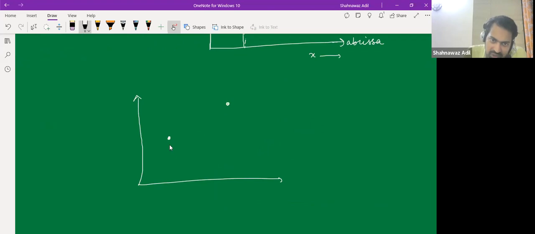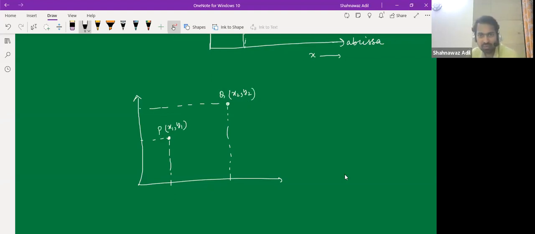So this person will have some x and y coordinates, so this will have some x1 and y1 position. Understood? And this person will also have some x2 and y2 position. So this is called the P point, and this is called the Q point. Clear?